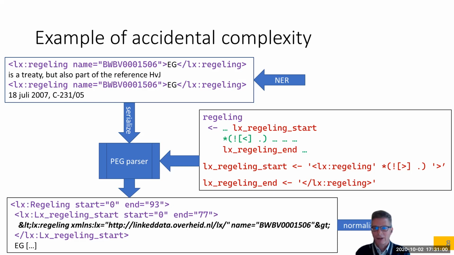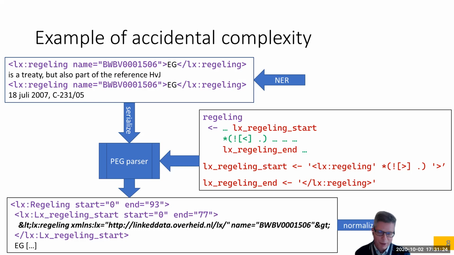In this case, it's a treaty. But it's also part of the reference that's given next, which means that when parsing legal references or complete references to regulations, we have to deal with this embedded markup of the Alex regeling element.